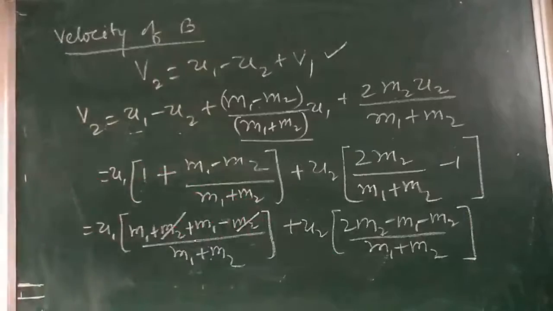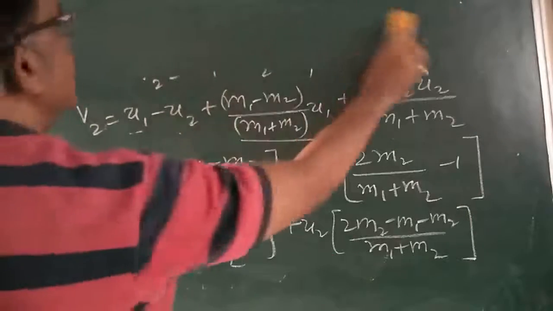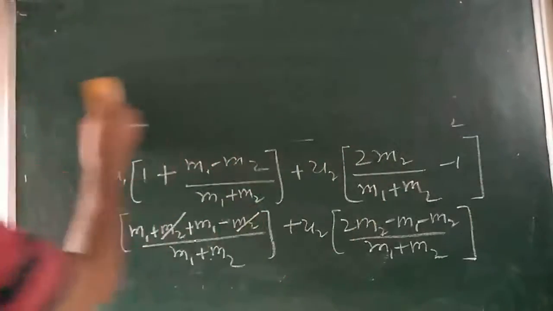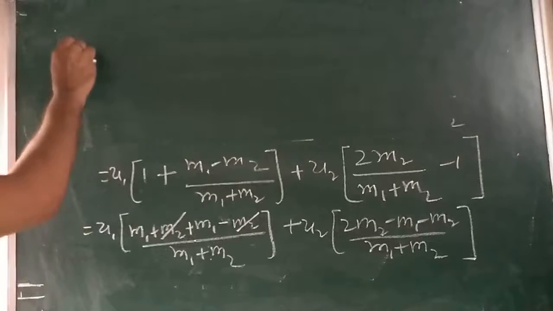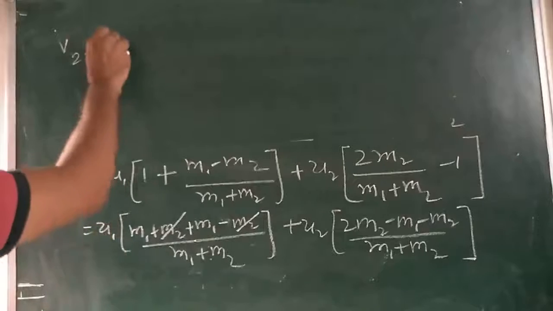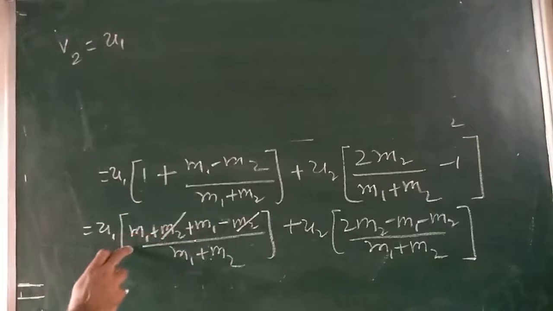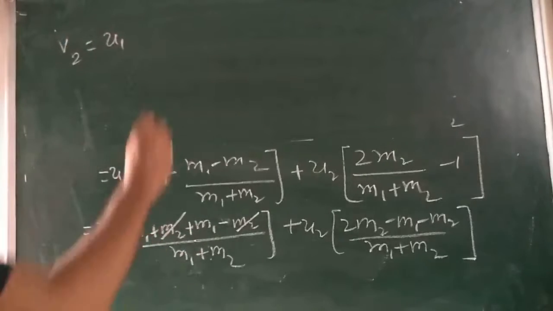Okay, now what is that? v2 comes out to be u1. Here m1 plus m1, that is 2m1.